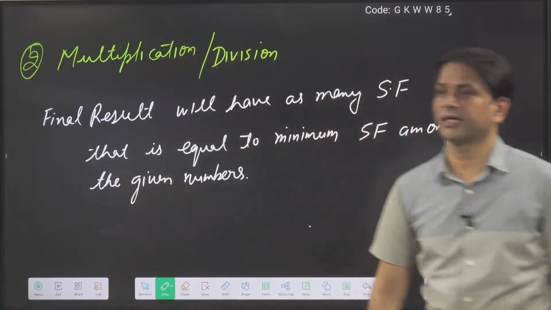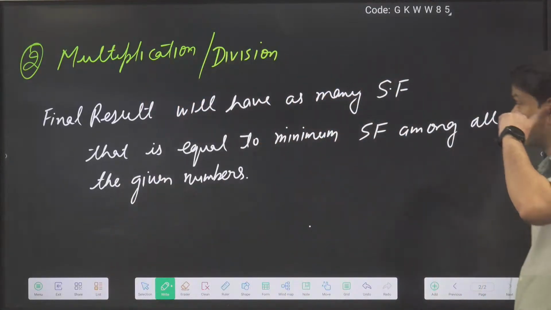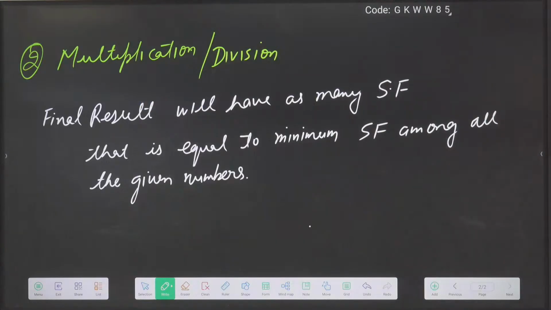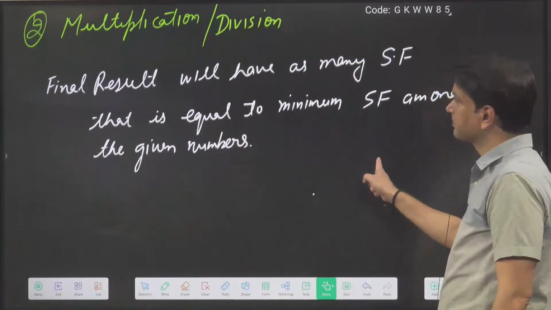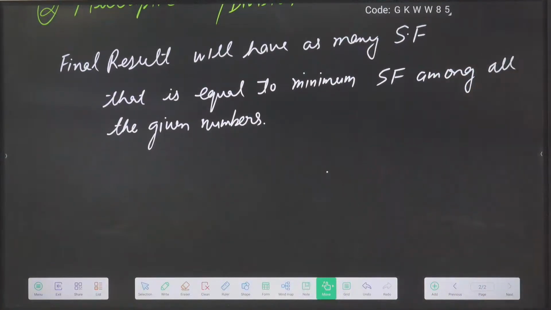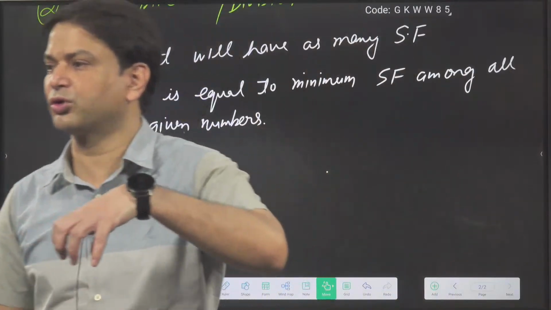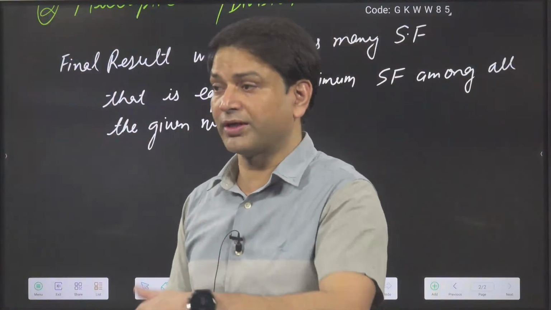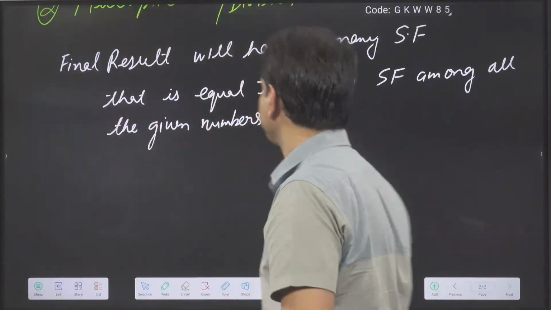Okay, so in the case of multiplication and division, the final result will have as many significant figures as the minimum among all the given numbers. Here also, suppose you want 4 significant figures, the final result should have 4 significant figures. So we will calculate up to the 5th, and the fifth one we will remove by using round off.